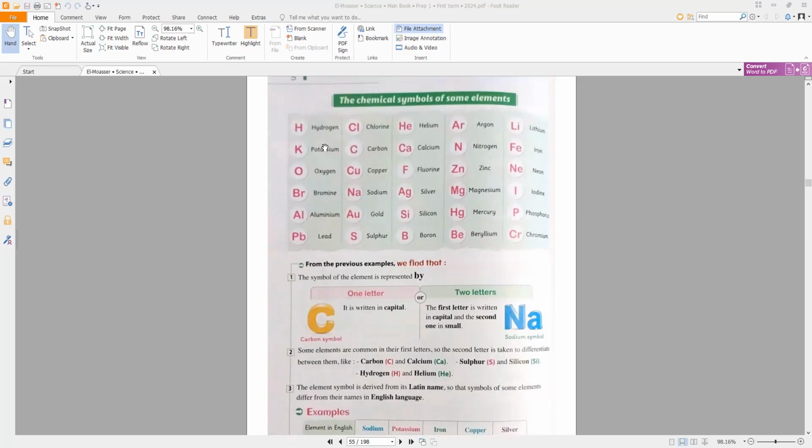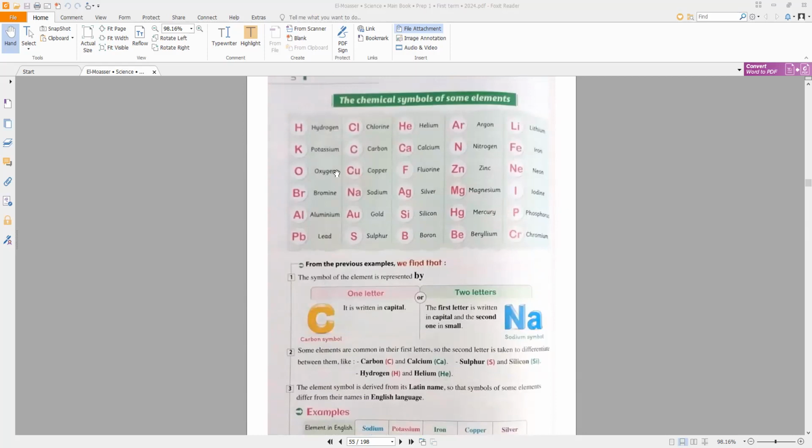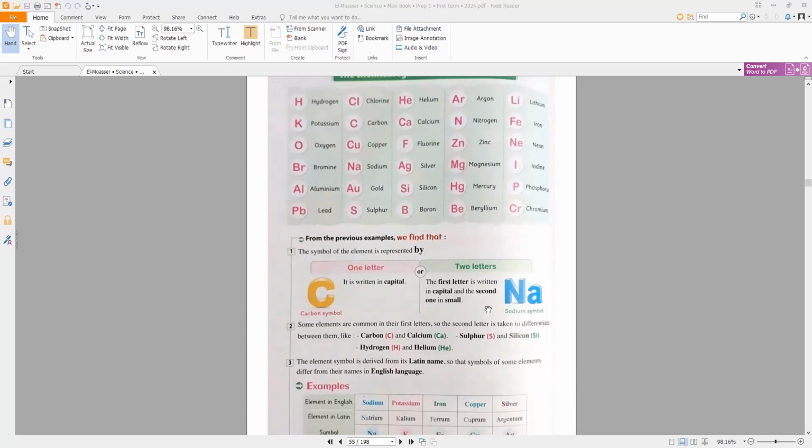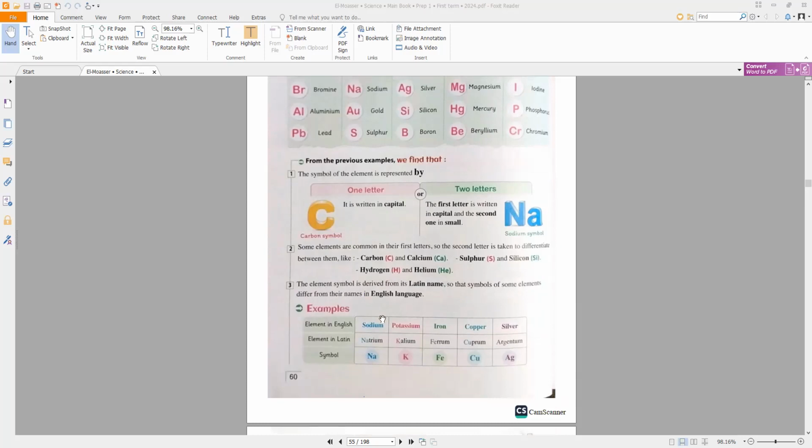Hydrogen is the same in Latin and English, so the symbol is H. You must know the symbols, which can be written in 1 letter or 2 letters. 1 letter is capital. If it is 2 letters, the first letter is capital, the second letter is small. The symbols of elements derive from their Latin names, not English names.